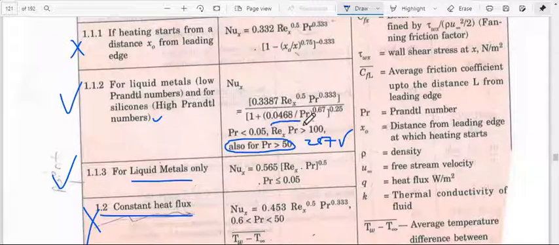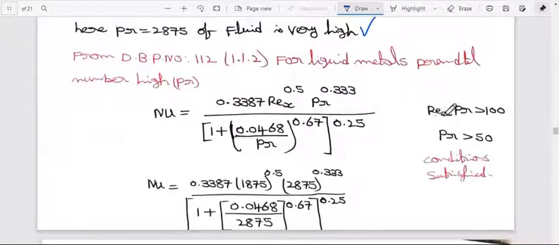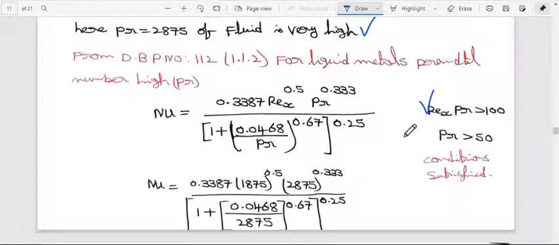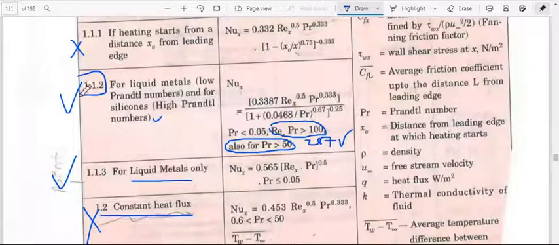Also Rex into PR should be greater than 100, so we need to check these values. Prandtl number into Reynolds number is greater than 100, so this condition is satisfied, and the Prandtl number 2875 is greater than 50. This condition is also satisfied. That's why I am considering this 1.1.2 formula.